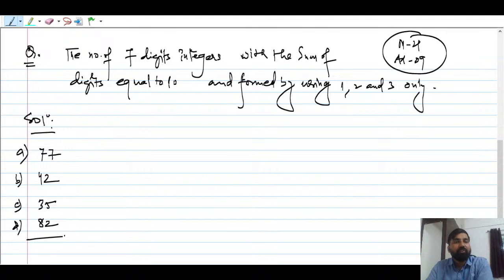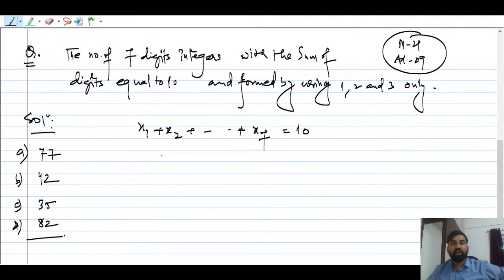The number of 7-digit integers with sum of digits equal to 10. Whatever digits you use, you sum them, and the sum should be 10. This is a very good question. Take x1 plus x2 plus and so on up to x7, because the integer is a 7-digit integer, and the sum should be 10.